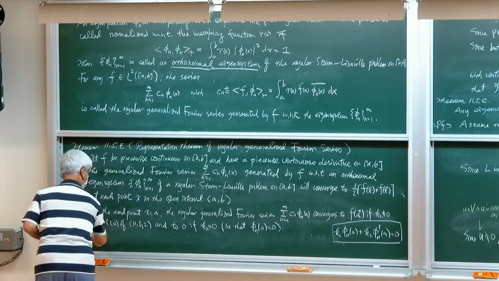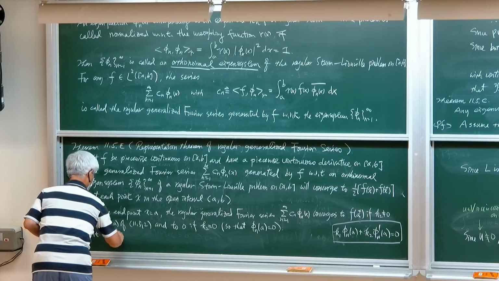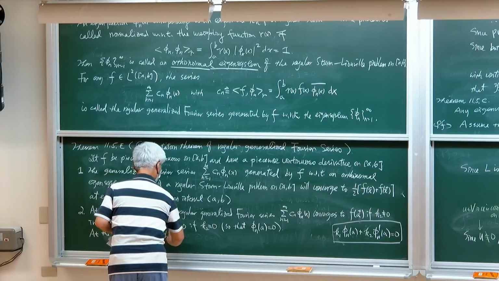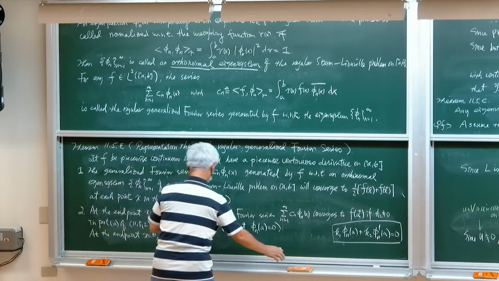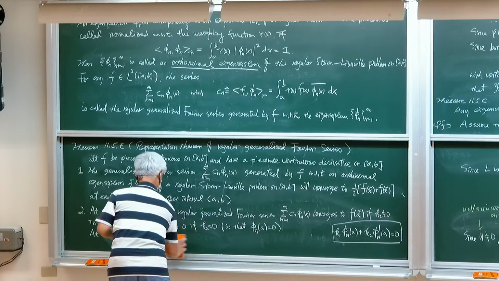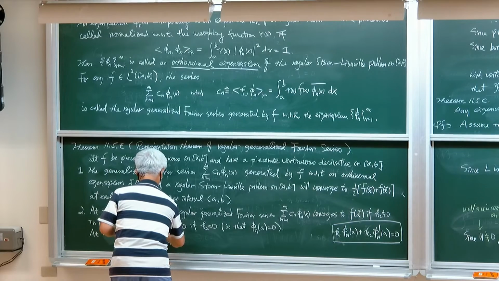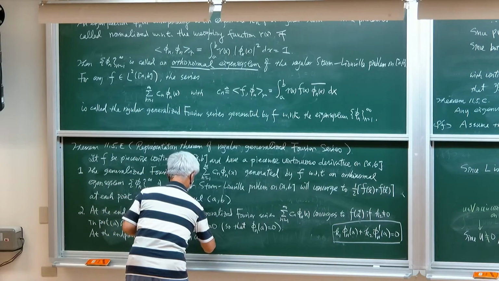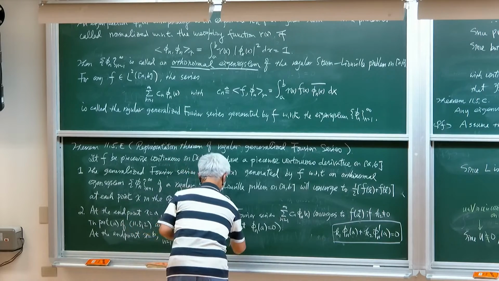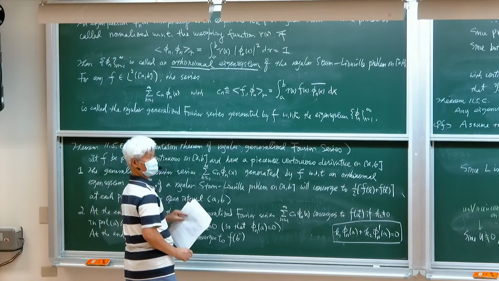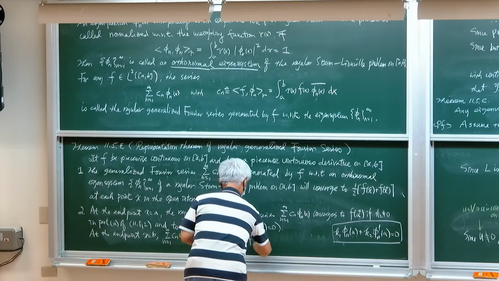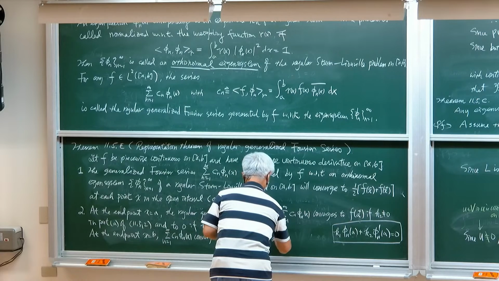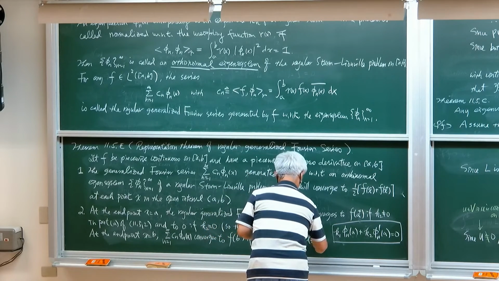Now similarly at the endpoint x equal to b, this regular generalized Fourier series converges to the left-hand limit of the function f at x equal to b if L2 is not equal to 0, and to 0 if L2 is equal to 0.